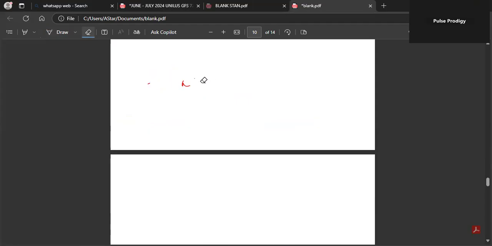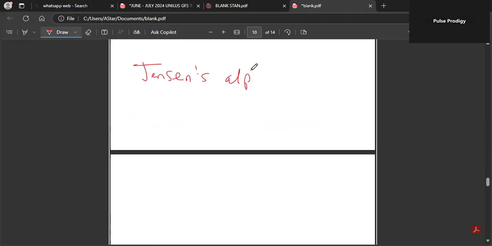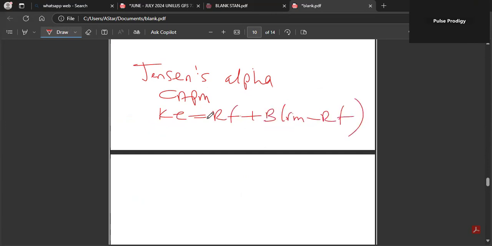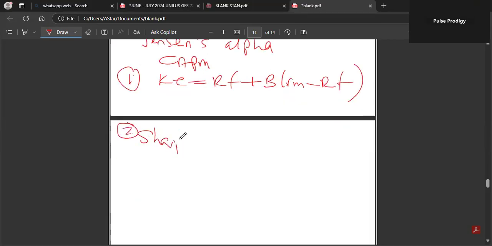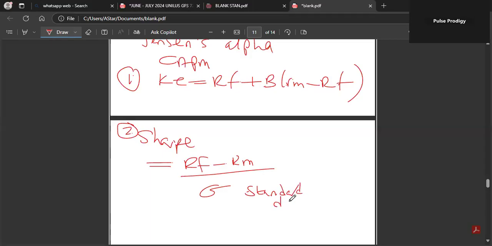The Jensen's alpha is what we're finding right now, which uses the CAPM, the same one we're looking at, RF plus beta times return on the market minus risk-free. That is number one. Then we can also look at the Sharpe measure, which uses return of the market minus RF over standard deviation. So this one is called standard deviation.